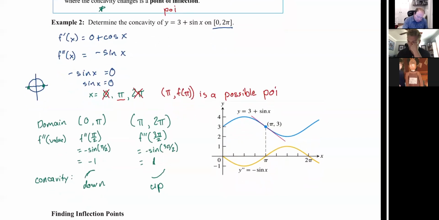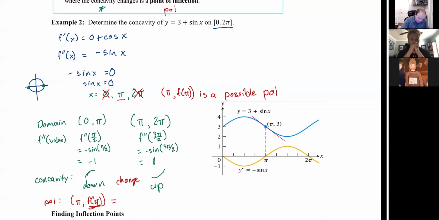So what does this mean? Because the concavity changed, notice there was a change. Because of the change, we actually have a point of inflection, which in this case, as I mentioned above, is pi, f of pi. And of course, we could figure out f of pi. Notice f here is our original function.